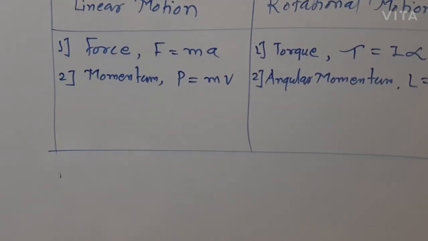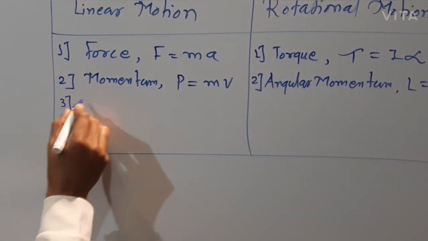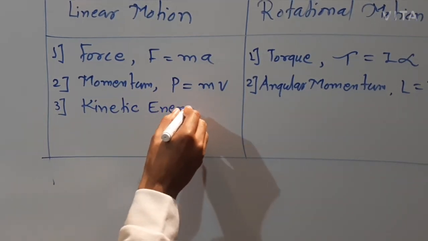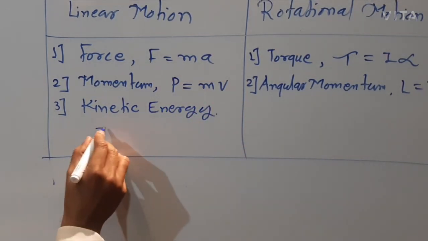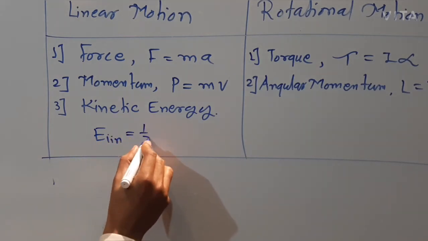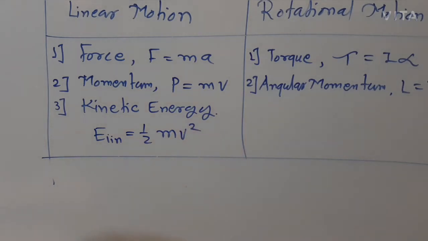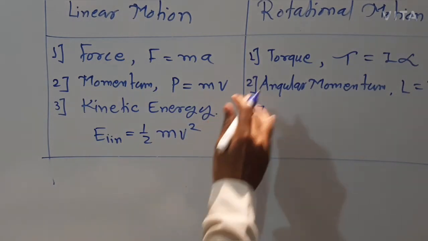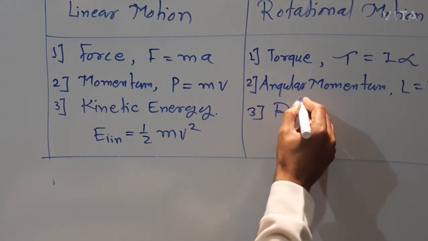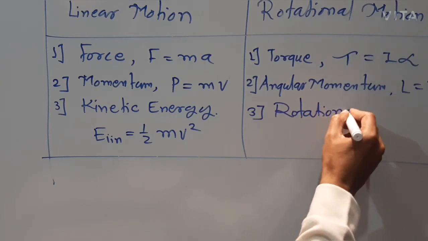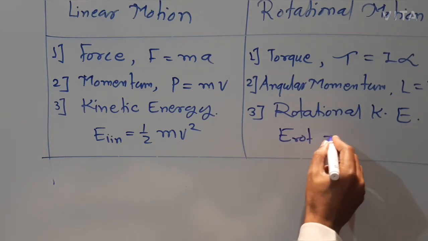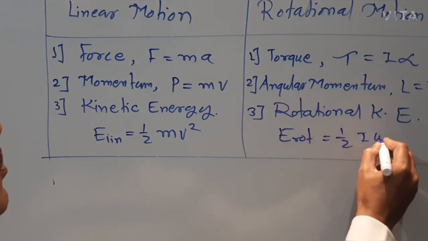Now write down the third quantity, kinetic energy. Linear kinetic energy is equal to half m v square. The third analogous quantity is rotational kinetic energy, E rotational is equal to half I omega square.